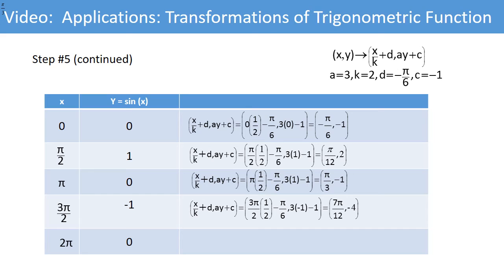The 3 in the bracket, of course, I said 1. It should have said negative 1. And the end point, x is 2 pi times 1 over k, which is 1/2, minus d, which is minus pi over 6, 3 times 0. We get the answer 5 pi over 6, negative 1.